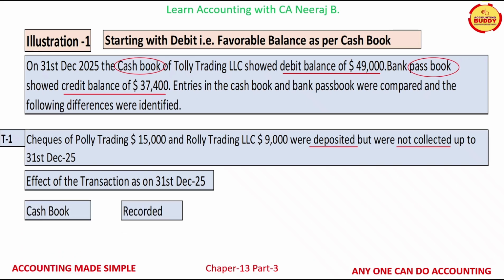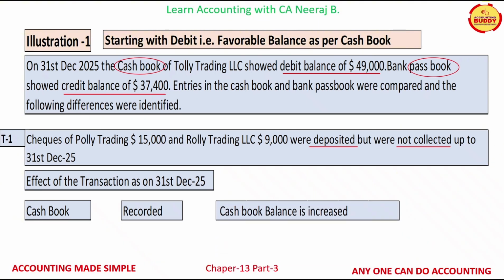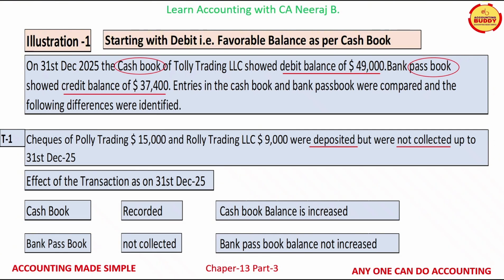Cash book recorded these transactions and therefore the cash book balance increased by $15,000 and $9,000. While in the bank passbook, since the amount was not collected by the bank, passbook value is not increased and hence there is a difference between the balance as per cash book and the balance as per passbook.